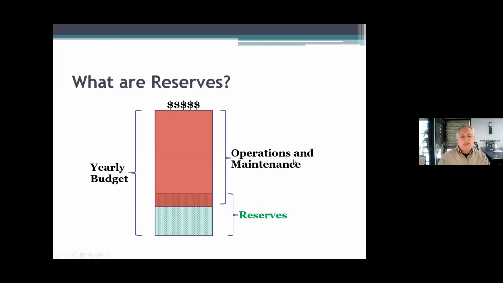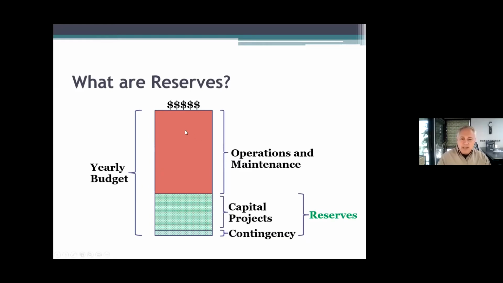So this is a very simplistic view of your pot of money in any given year. And I really want to enlighten you to look at this a little differently and define these reserves in a much healthier fashion. That's taking the same yearly budget, and you have your operations and maintenance.